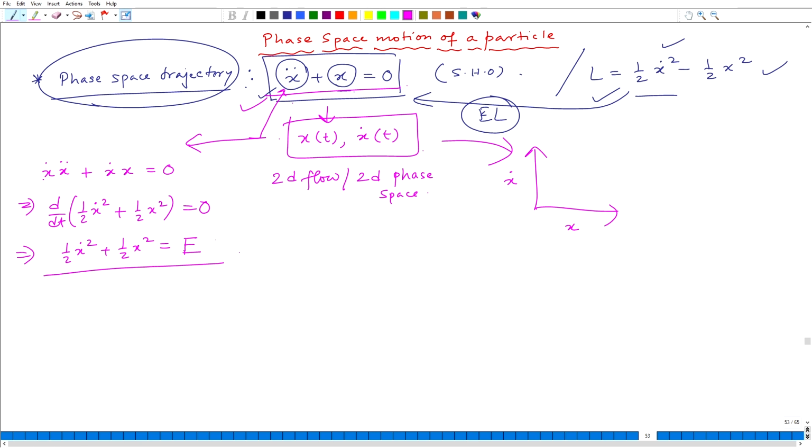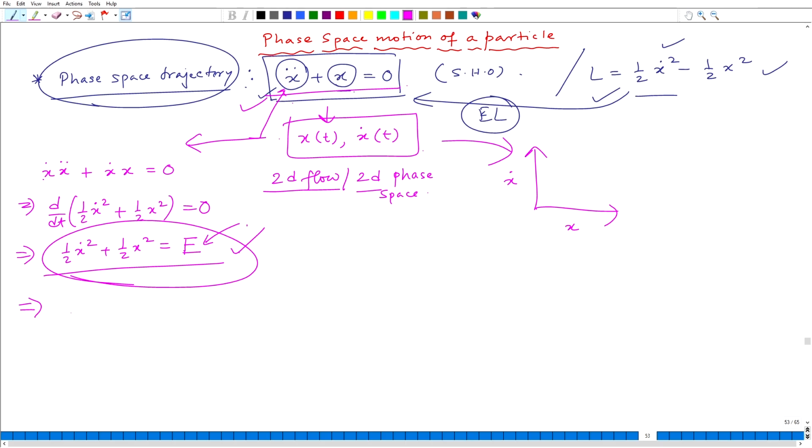Now, if you give me the value of E at one point, immediately I can give you the phase space trajectory for that particle. So, that is sometimes a shortcut method: using the invariance, at least in one dimensional motion or in 2D flow or 2D phase space, we can find the phase space trajectories.